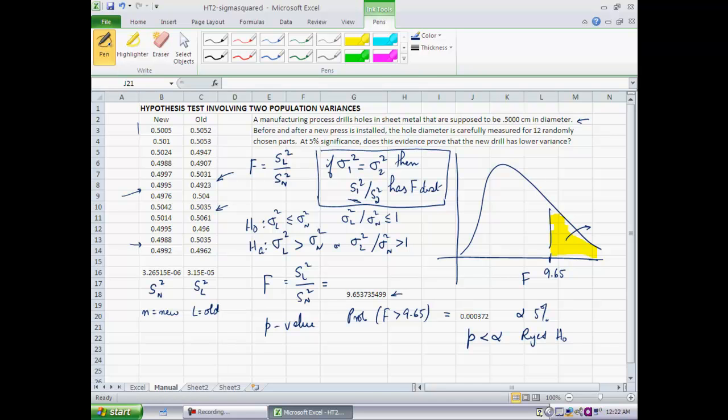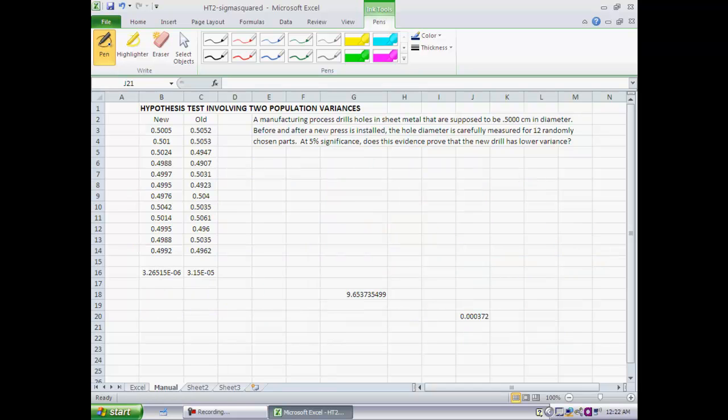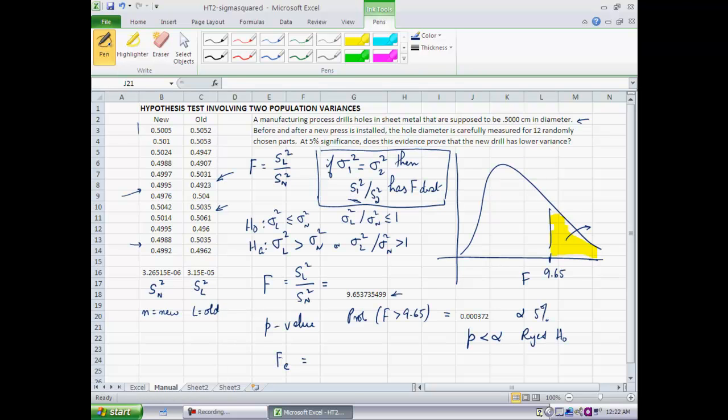Now, if you wanted to use the critical value method, you would find an F critical first of all, which means what value of F on the x-axis would I call very extreme? So here I would need to use the inverse function.